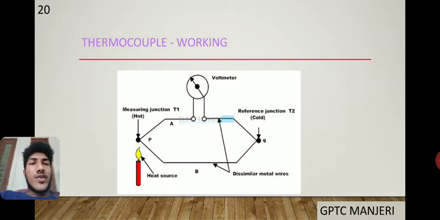The first junction is the measuring junction or hot junction. Next, the reference junction or cold junction. The heat source is at the measuring junction. The different temperatures produce an EMF, called the Seebeck EMF. A voltmeter reads the EMF and sends an electrical signal to the microcontroller.